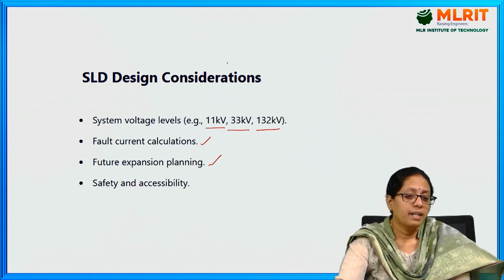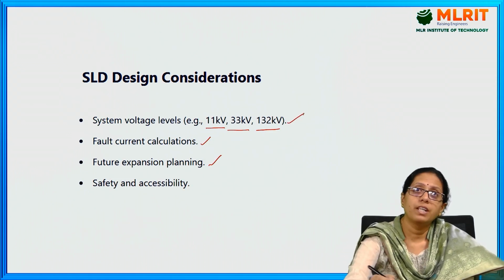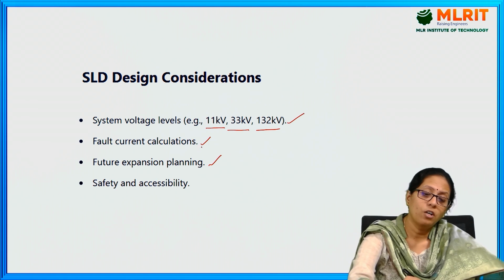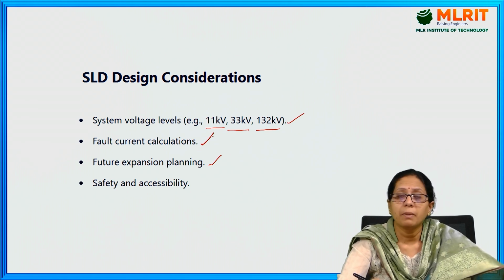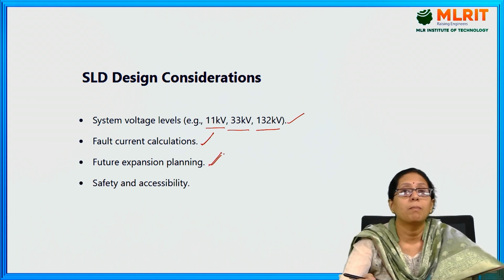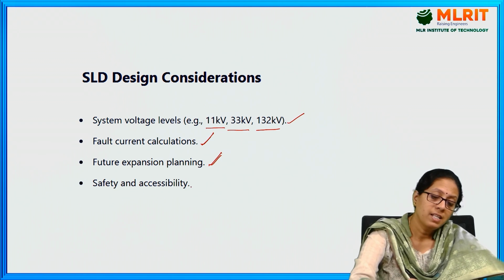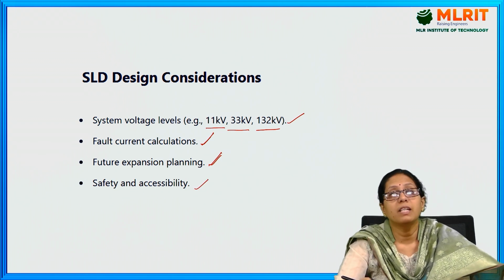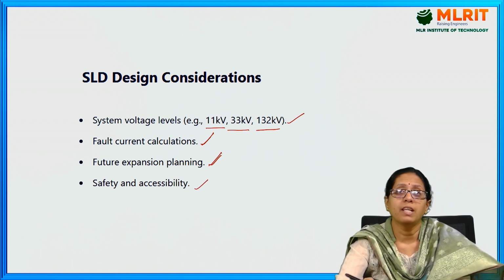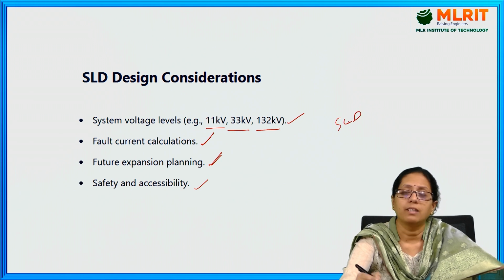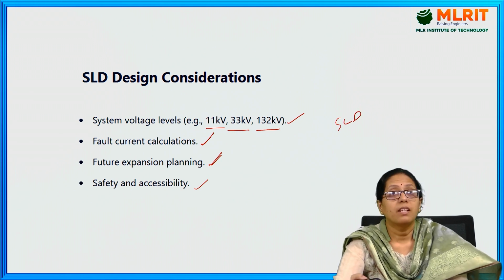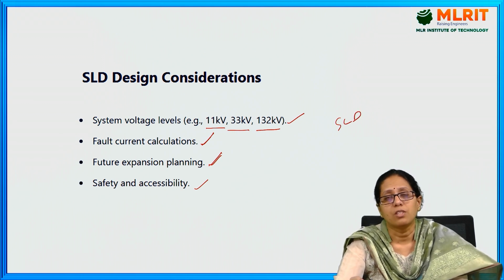So, in a single line diagram, voltage rating is necessary, fault current calculations can be done, future expansion planning can be done, and safety and accessibility can also be viewed. So these are the different types of considerations.